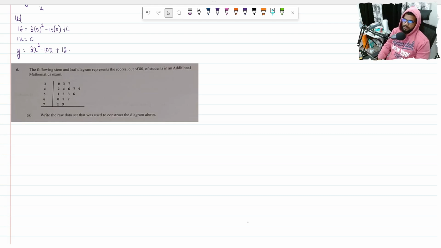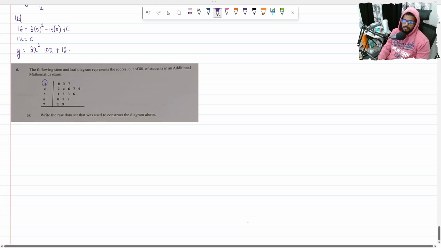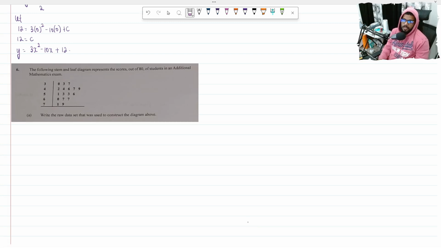Granted that these scores are out of 80, it cannot represent 300; it had to represent 30, making logical sense. But still, at the end of the day, they should have given us a key. Nevertheless, we know how to get the raw data from this.